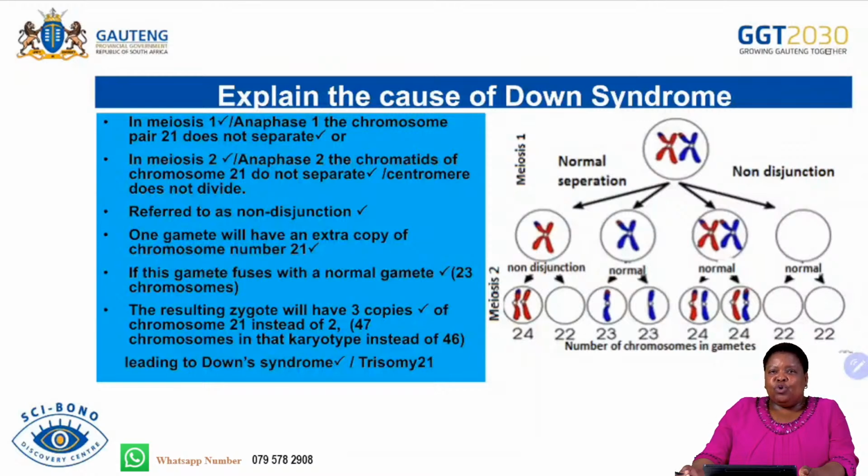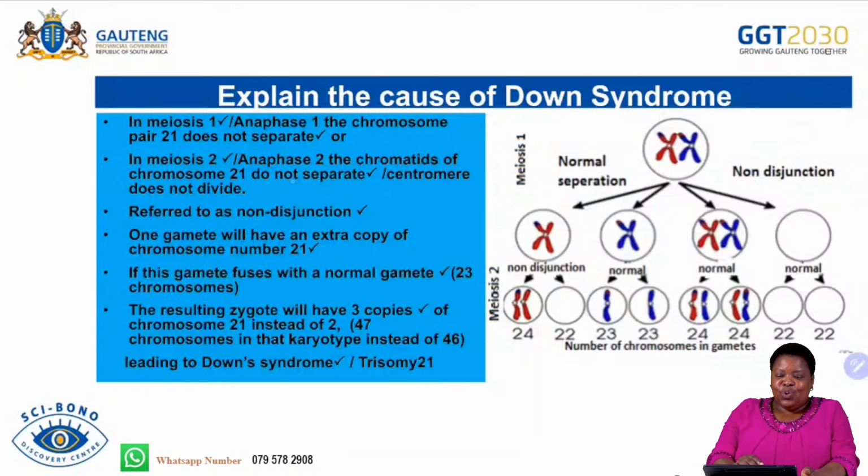The sex chromosomes, the gonosomes. Right? Now, for a female person, we're going to have what? XX on the 23rd chromosome. And for a male person, on the 23rd chromosome, we're going to have what? XY. So, in meiosis 1 and anaphase 1, the chromosome pair 21 does not separate.